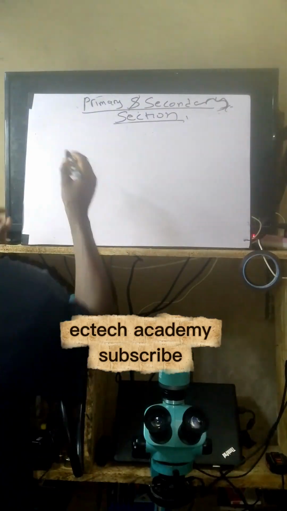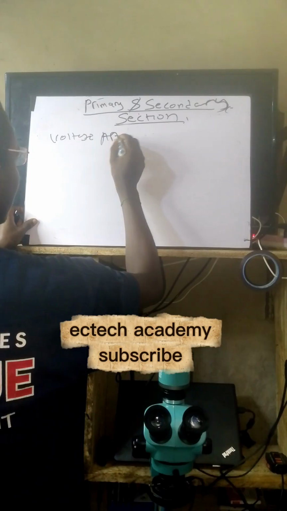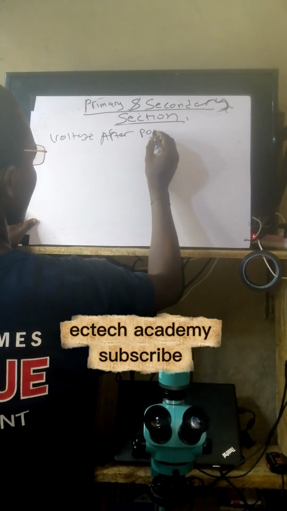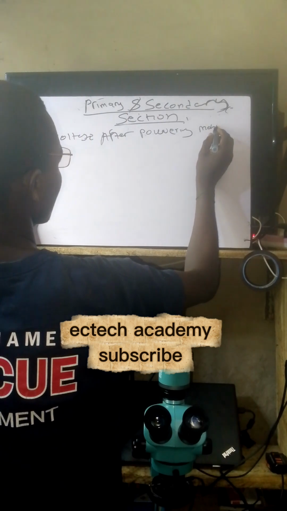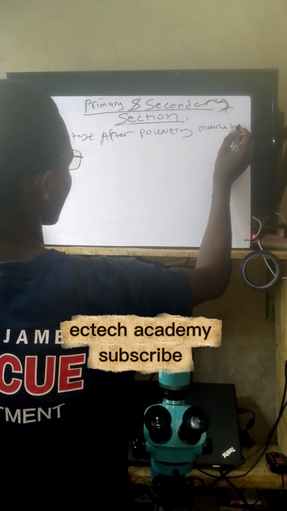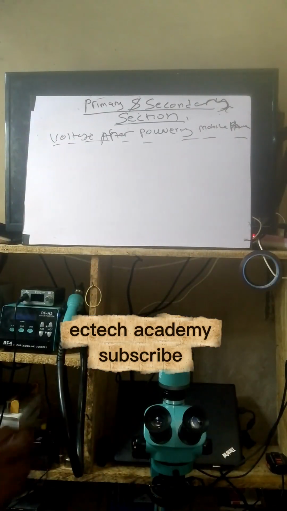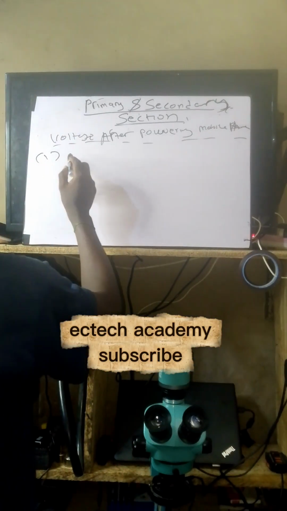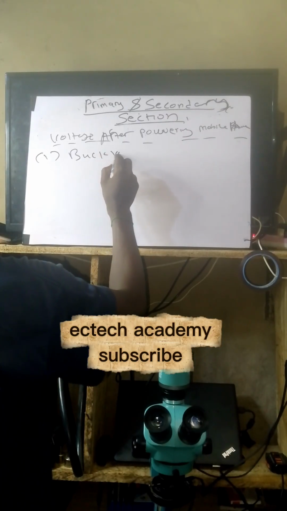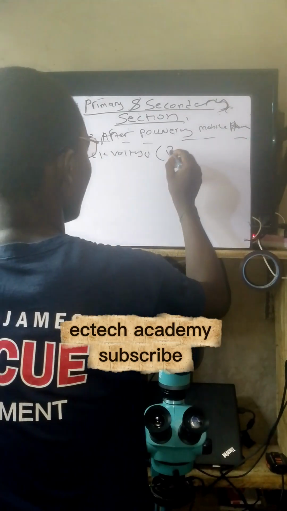So we have some voltages that come after powering on the mobile phone. Those voltages that come after powering the phone are sourced like buck voltage, through the buck coil.